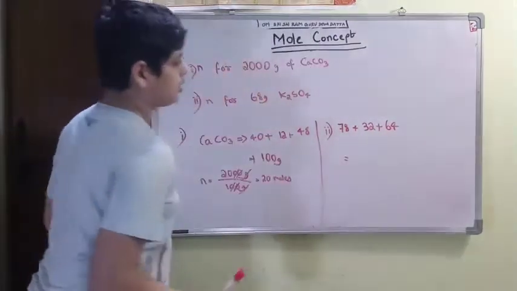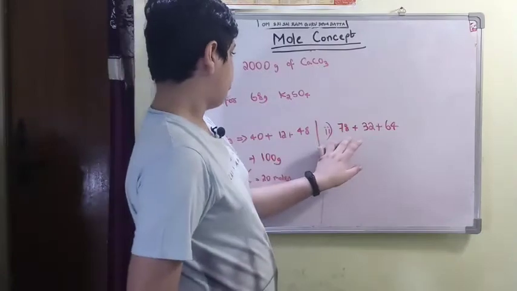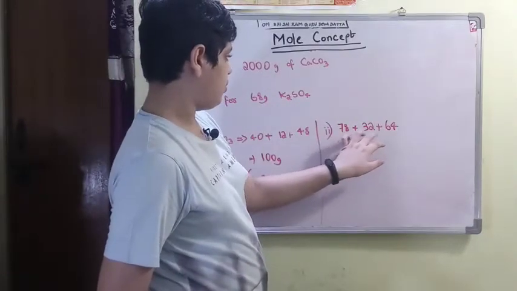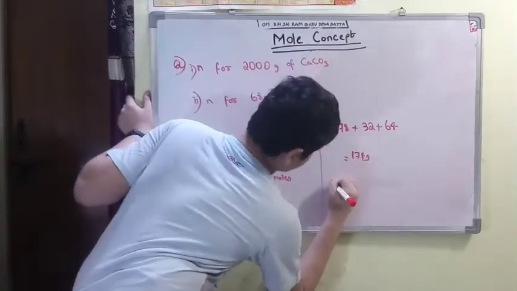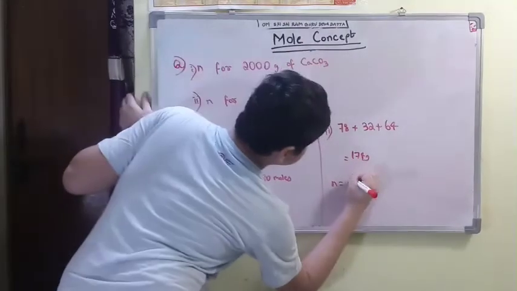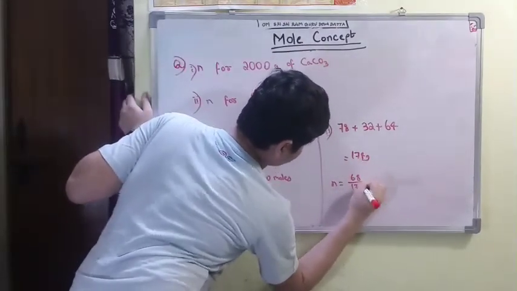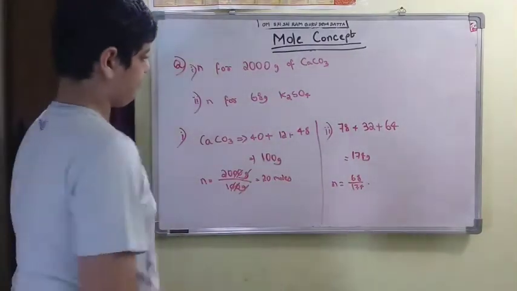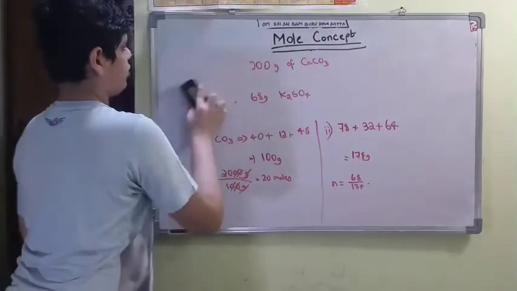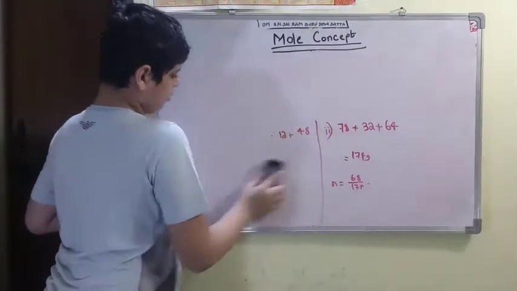So this becomes 174 grams. So number of moles is equal to 68 upon 174. You can simplify it. So this is about mole concept.